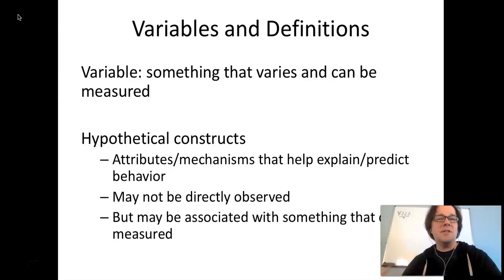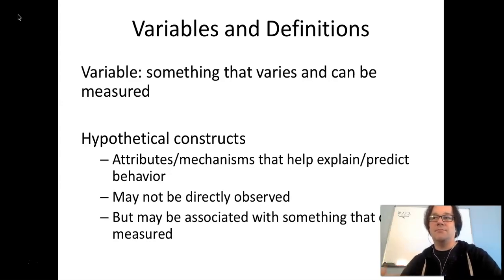So we tend to measure these hypothetical constructs, and we can think of these as attributes or mechanisms that for us can help explain or predict human behavior. The problem is that oftentimes they're not directly observable, so we have to find ways to measure these types of things.